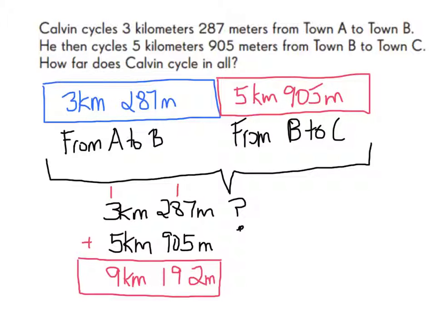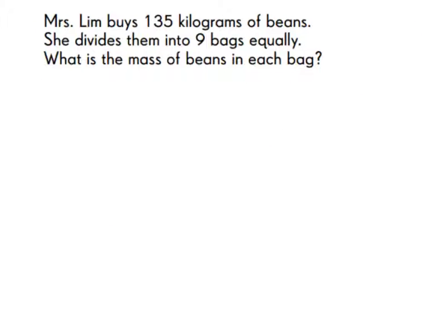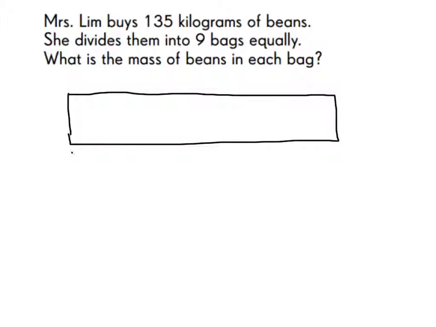192 meters. If Mrs. Lim buys 135 kilograms of beans and divides them into 9 bags equally, the bar we would create would represent 135 kilograms.